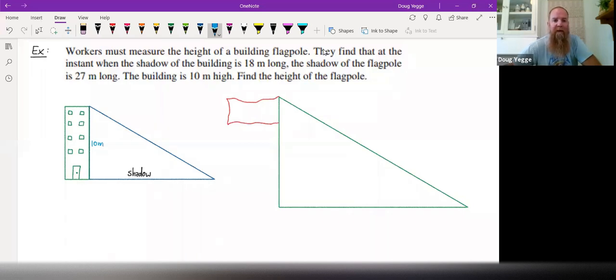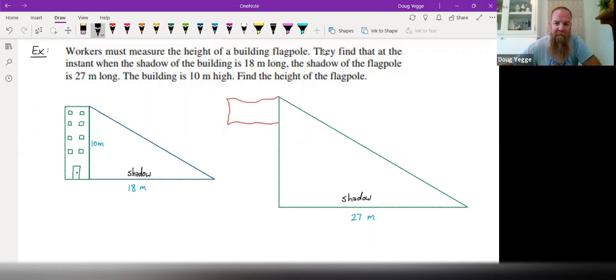And it says that at the instant when the shadow of the building is 18 meters long, the shadow of the flagpole is 27 meters long. Well, notice the flagpole is also casting a shadow down onto the ground.